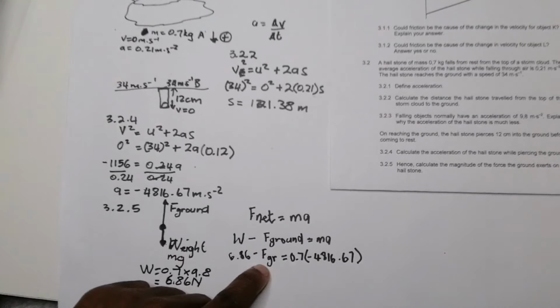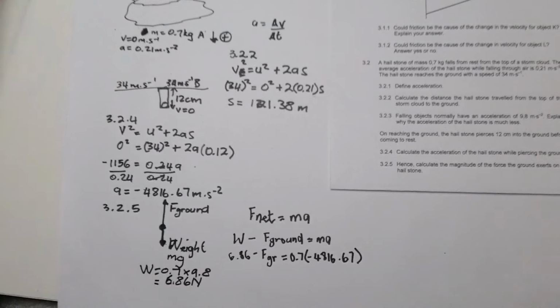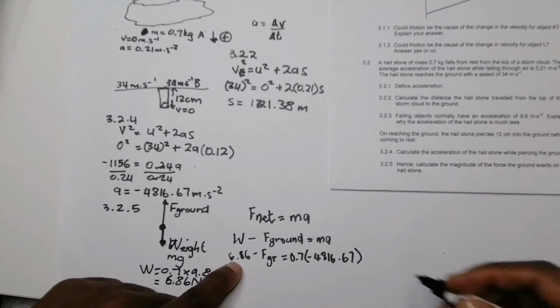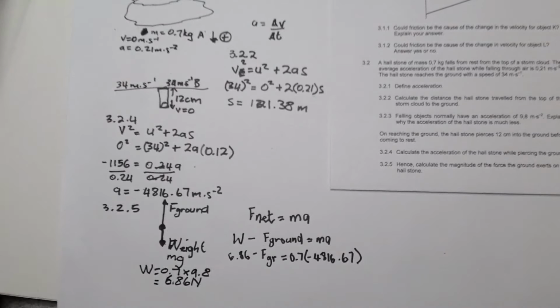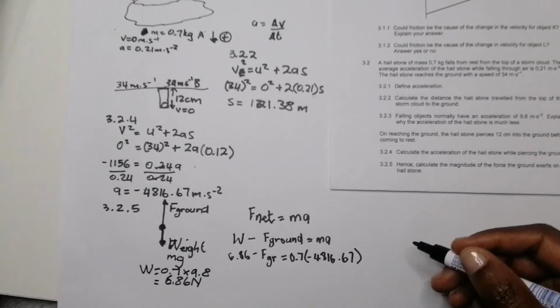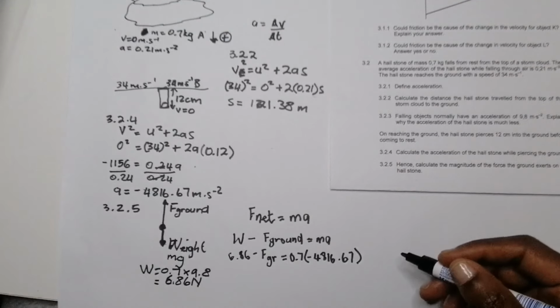So we want the force that is exerted by the ground. We're just going to do some gymnastics there. 6.86, I'm going to take this value 0.7 multiplied by negative 4816.67, and get a value of 3,371.67.